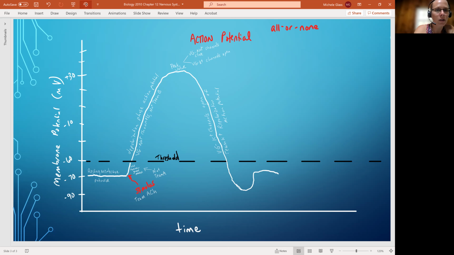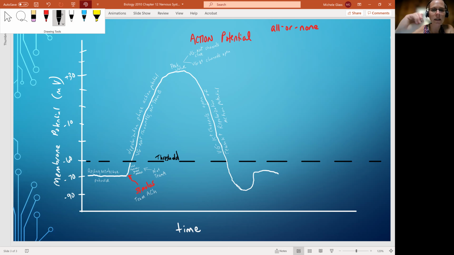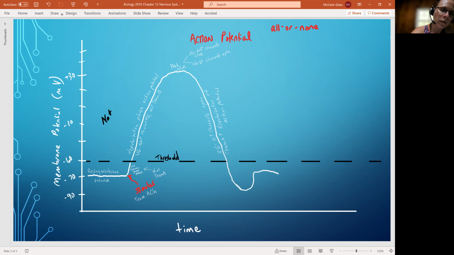We can also do a note on all of that depolarization. We can say sodium floods the cell. On all of the repolarization and hyperpolarization, we can say potassium leaves the cell.